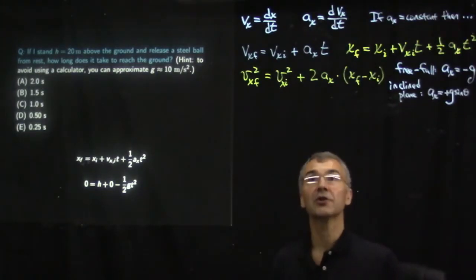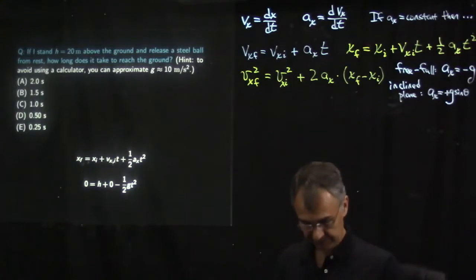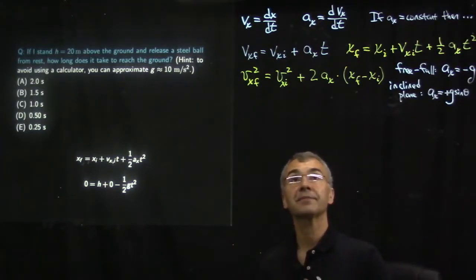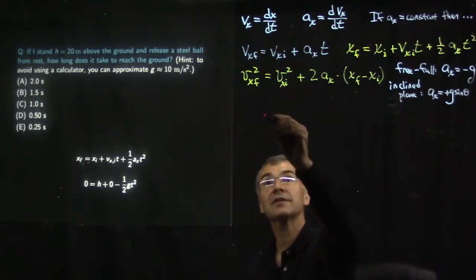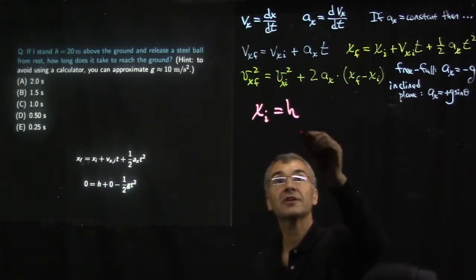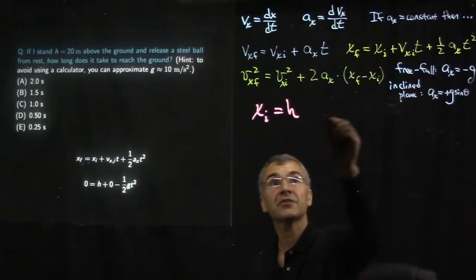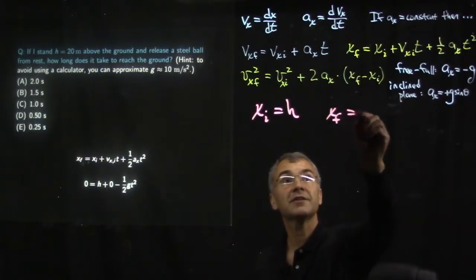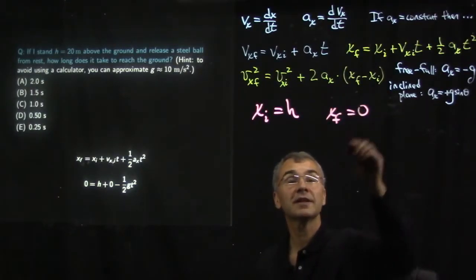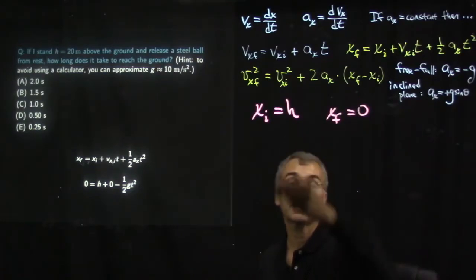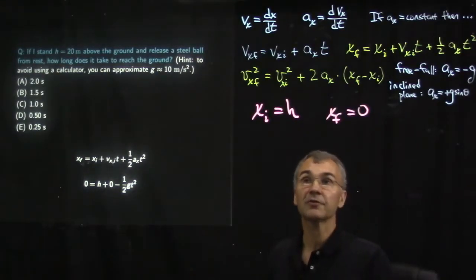So, what do we know? We know that x initial is h, and we know that x final is 0. 0 is ground level, h is h meters above the ground.